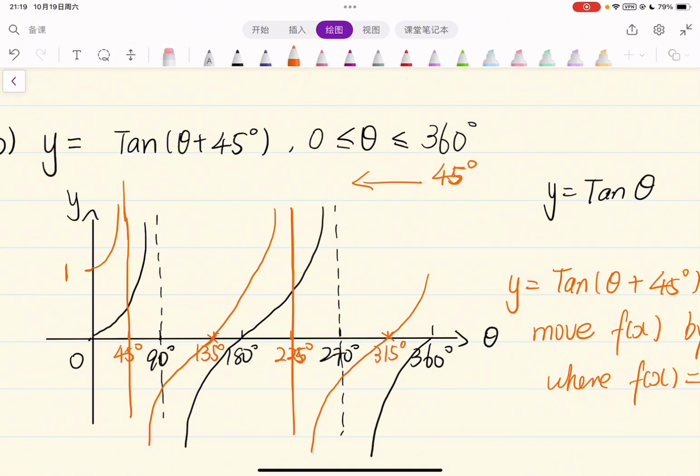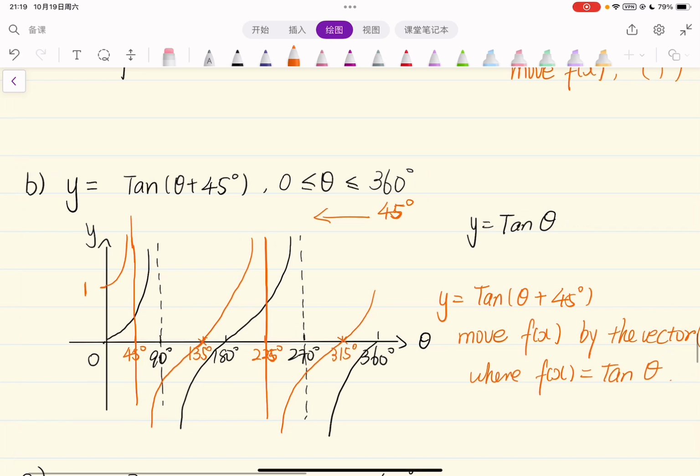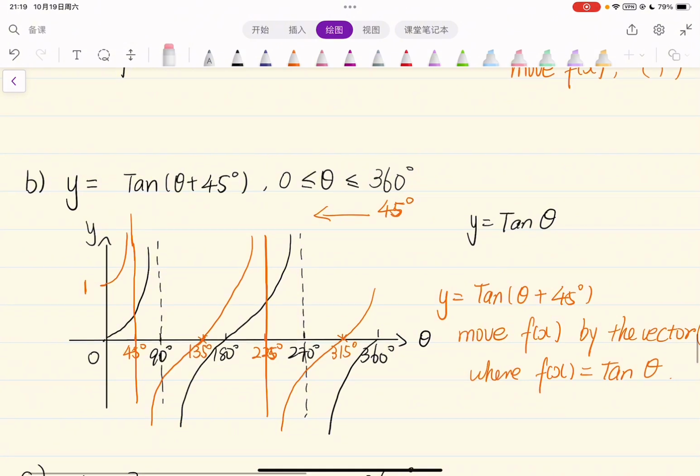So the orange one is y equals tangent theta plus 45 degrees. Let me erase the black one.